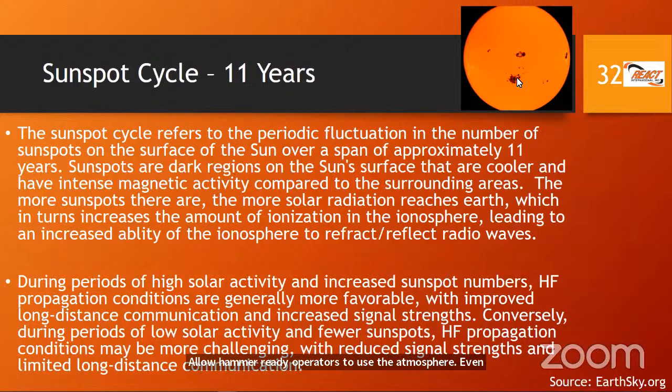So amateur radio operators love it when the sunspot cycle is at its maximum, where there are lots of sunspots, and therefore those particles leave the sun in these regions, get to Earth, and ionize the ionosphere. That causes HF radio frequencies to propagate very, very easily for very long periods of time, daytime and even nighttime.